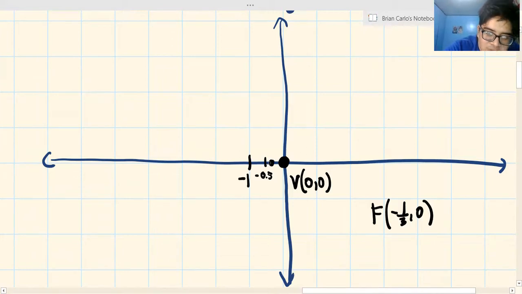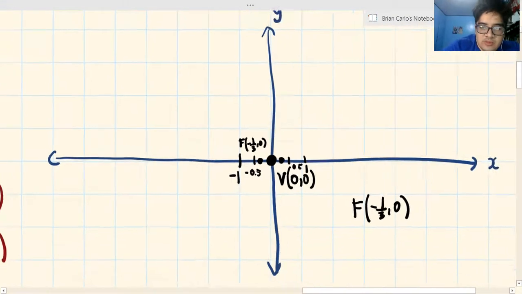Ito yung focus, negative 1/3, 0. Ayan. So, ang directrix mo, nandito dapat. Kasi ito yung 0.5. Ito yung negative, ito yung positive 1. Ito ka. Ito yung directrix mo.